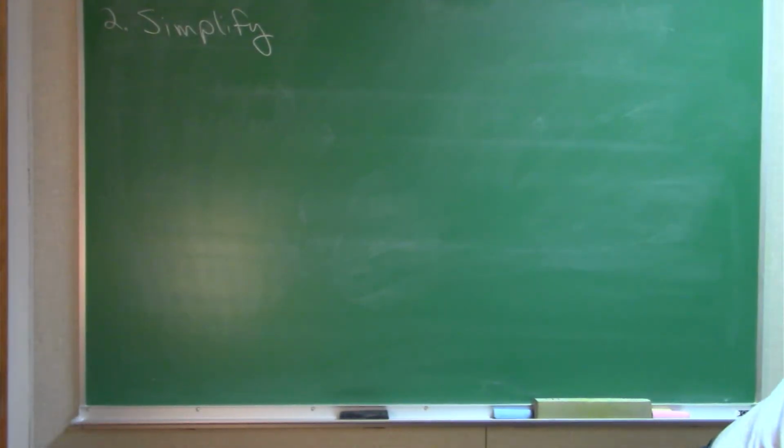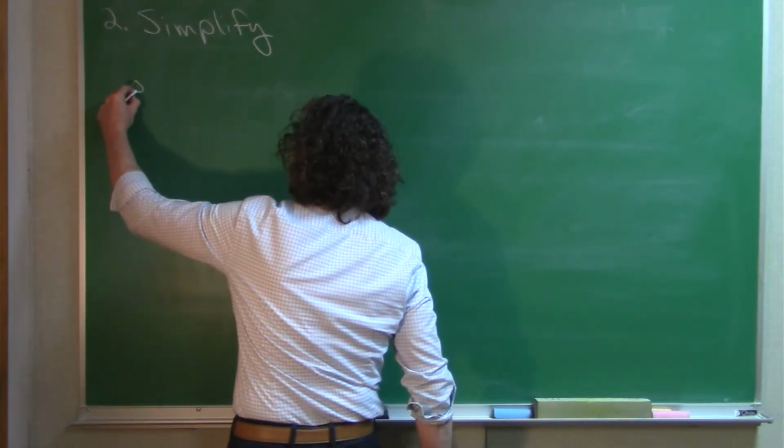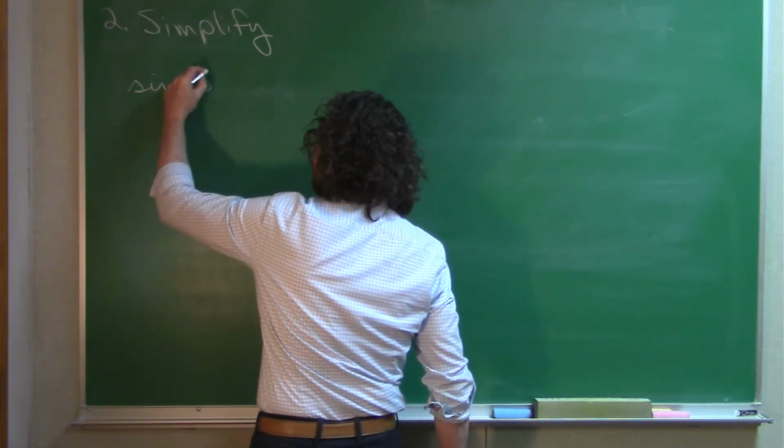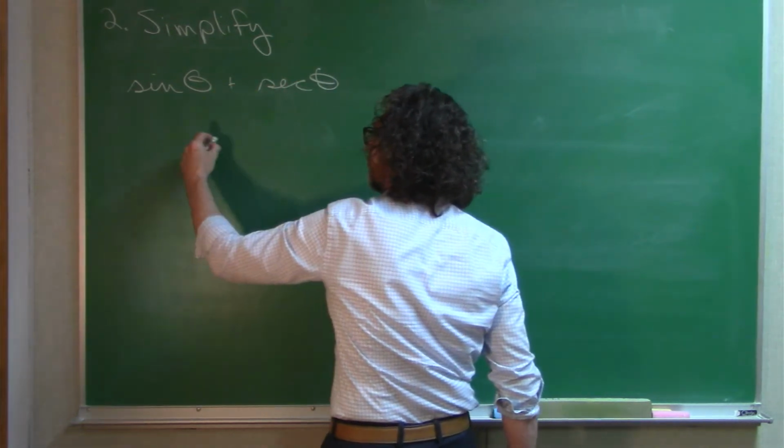Okay, let's try this one. Sine theta plus 1 over cosine theta. Or, in fact, maybe we'll start out like this. We'll say sine theta plus secant theta.